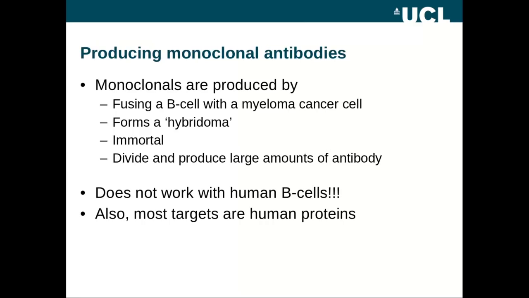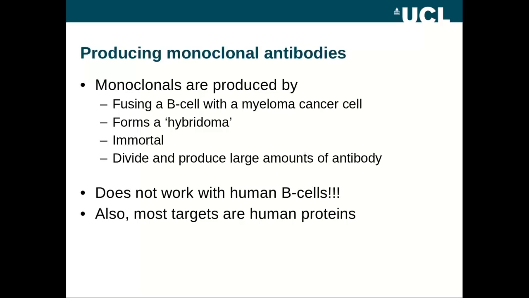When we produce monoclonal antibodies in the conventional way, as I mentioned in the last lecture, that's done usually by introducing the antigen into mice or rats or whatever, harvesting B cells that produce the antibodies, and then fusing those B cells with myeloma cancer cells.